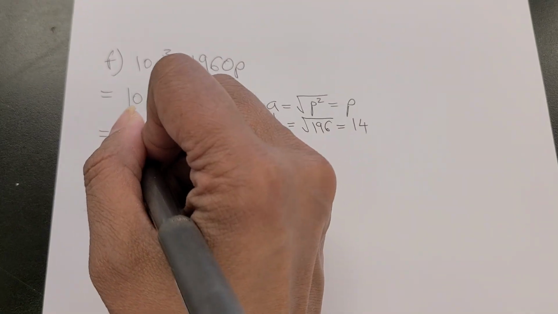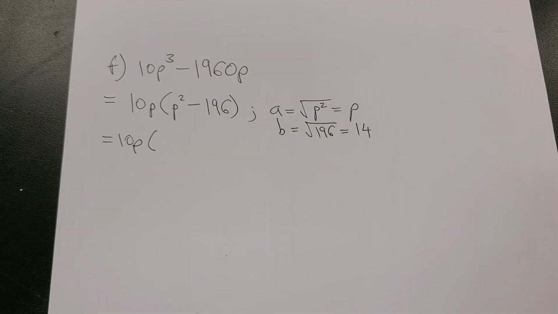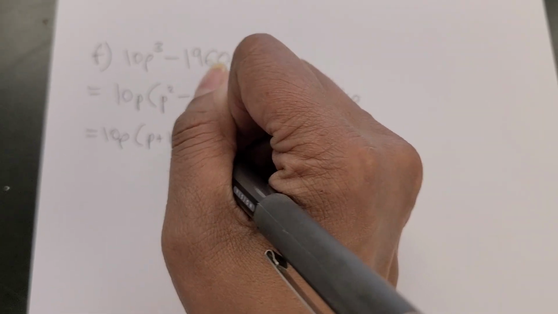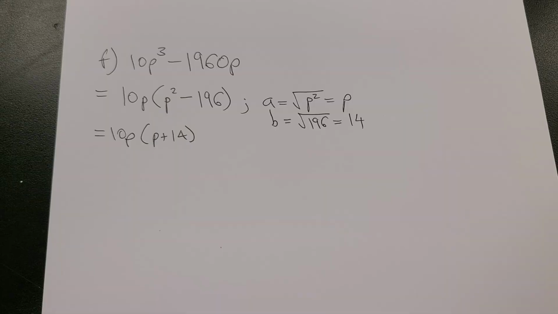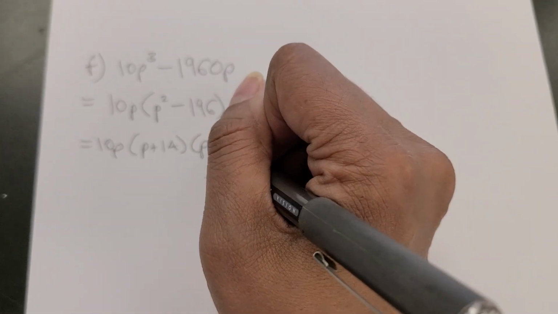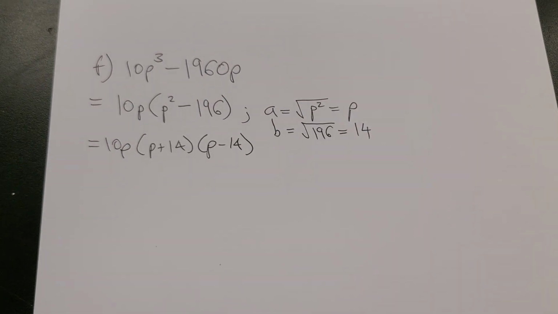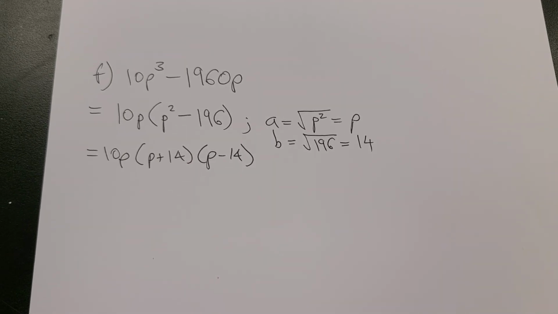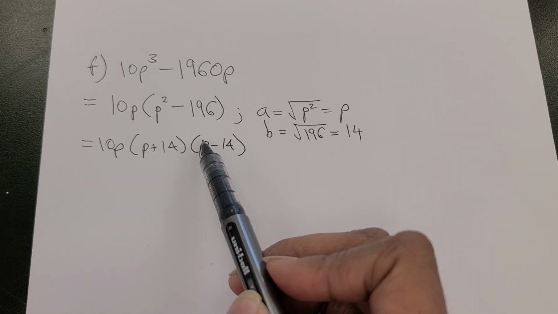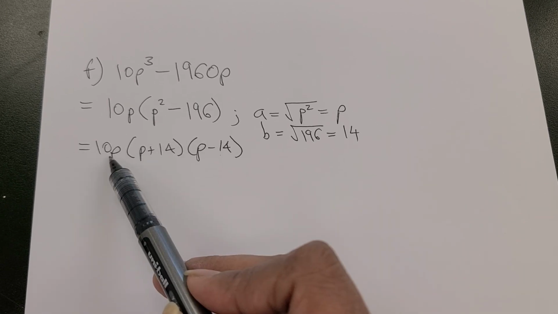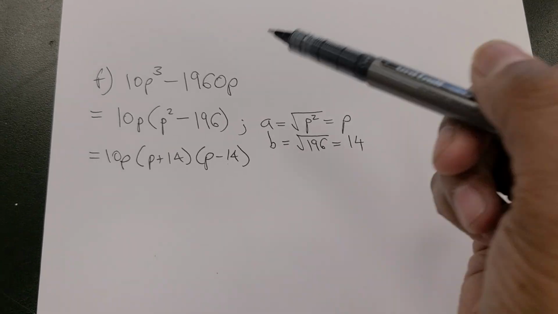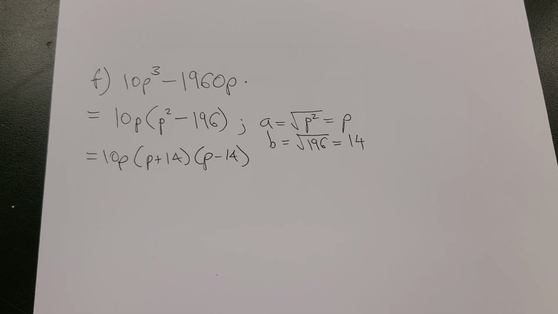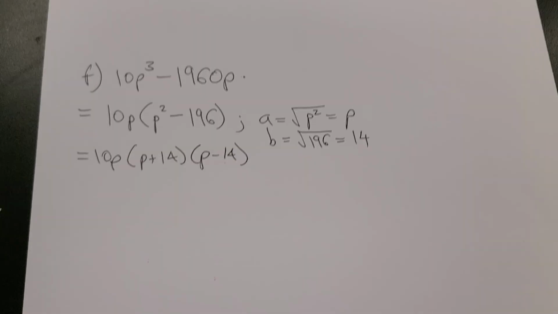And now you can just write your answer, keep the 10p outside the whole time, a plus b, so I'm going to do p plus 14 in one bracket, a minus b, so I'm going to do p minus 14 in the second bracket. And then this is the actual final answer. Of course you can open up and FOIL this out. Make sure you multiply by 10p at the end, and you should also end up with this original expression. So I know that my answer is 100% correct.